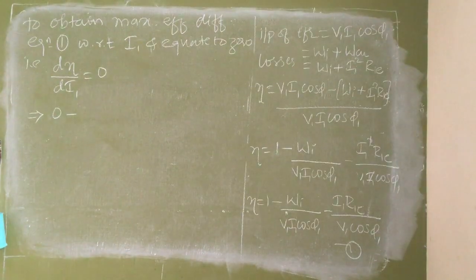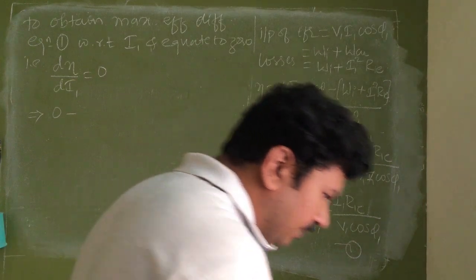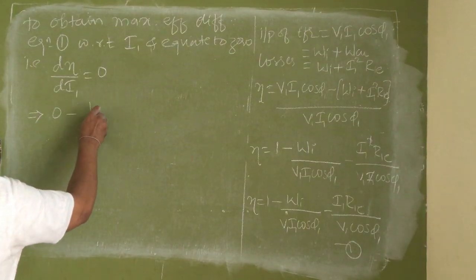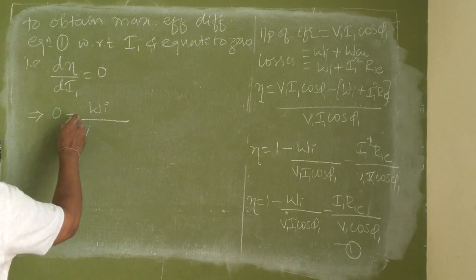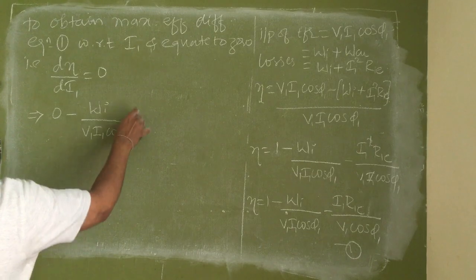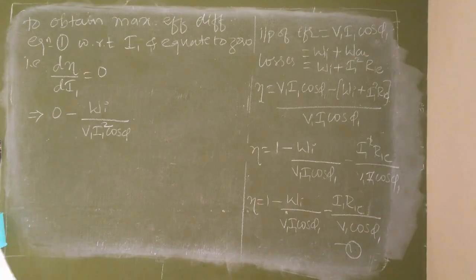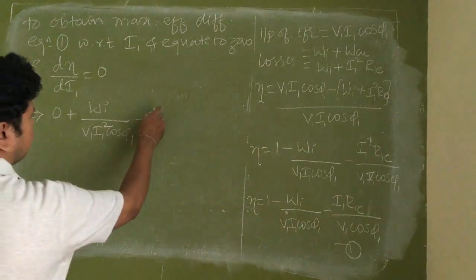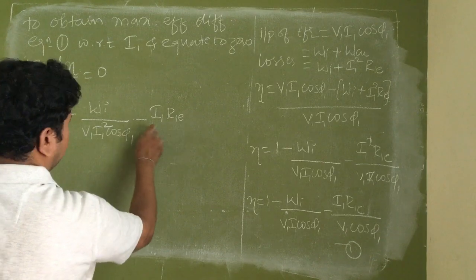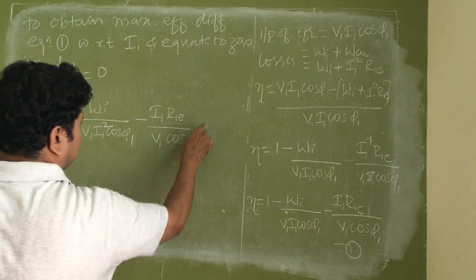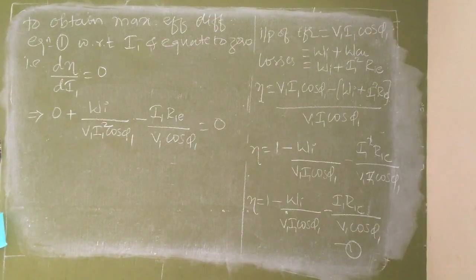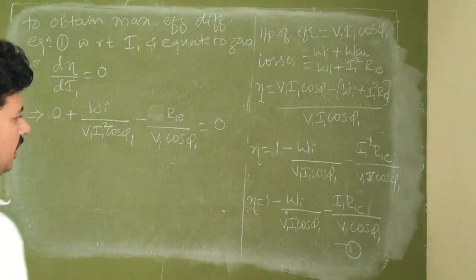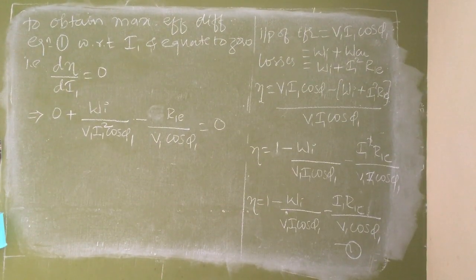Differentiation of 1 by x is minus 1 by x square, so this will be Wi divided by V1 I1 square cos phi 1, and because of the minus sign it becomes plus, minus R1e divided by V1 cos phi 1 equals 0.